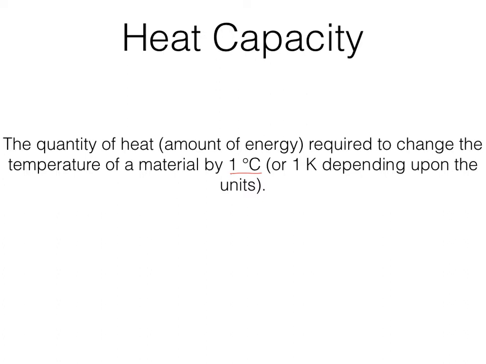And so the units of specific heat, or heat capacity, C, are going to be in units of joules per degree Celsius, or joules per Kelvin, depending upon how you're measuring your temperature. And so joules are the unit of energy, and the temperature is measured in degrees C or Kelvin. So this is the amount of heat that you have to add in order to change the temperature of the material.